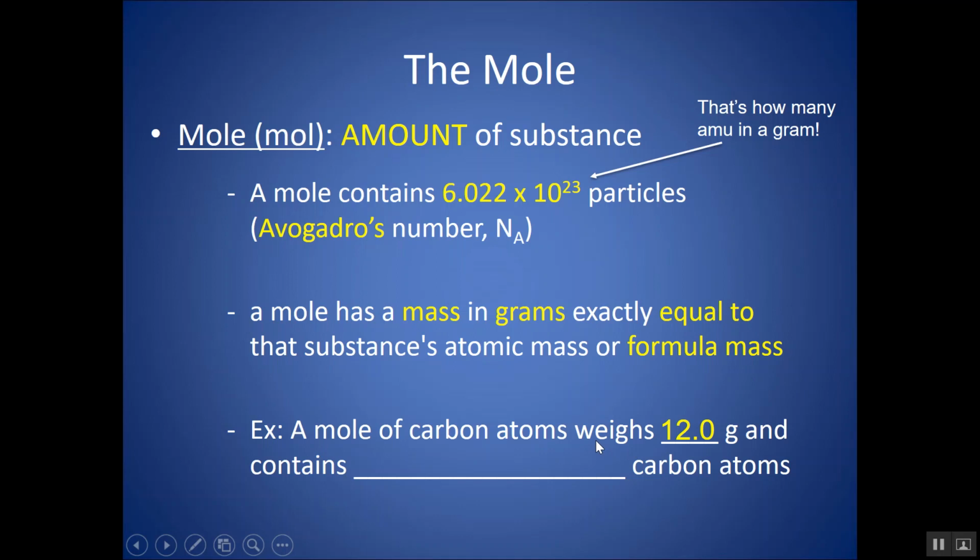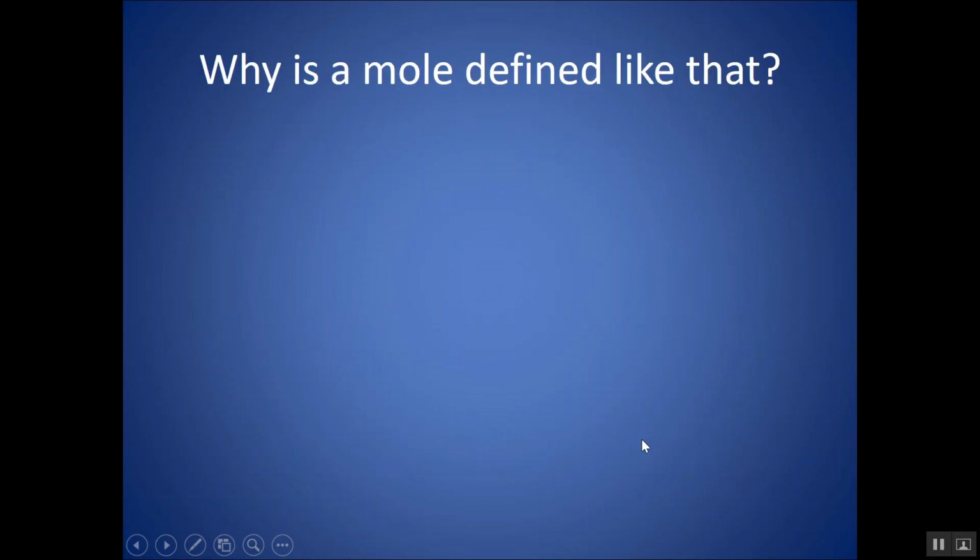So a mole weighs 12 grams. It's just that same number, but I put grams after it. And it contains 6.022 times 10 to the 23rd atoms. So 6.022 times 10 to the 23rd atoms of carbon weigh 12 grams. So these are the 2 points about it that you need to know.